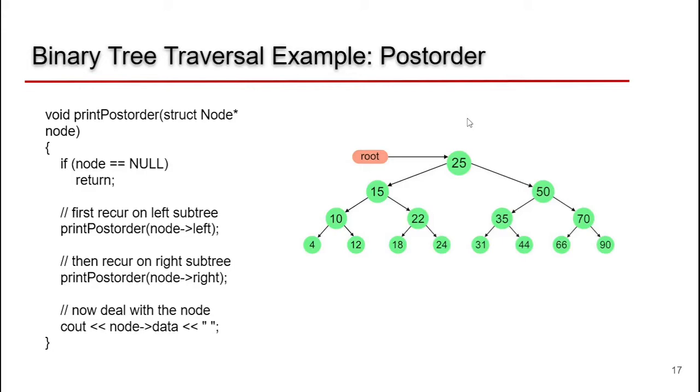Just to give you a basic idea, the basic thing about any traversal algorithm is to go through all the nodes. You need to visit all nodes of your tree. All these algorithms have one objective, which is visiting all nodes.